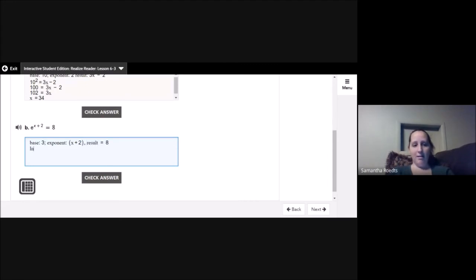So I have ln base e of 8 equals x plus 2. Remember, you don't have to write that ln with the base of e. You can just write ln of 8 equals x plus 2. It's the exact same thing. I'm just writing it for clarification. I'm going to use my calculator to put that in.